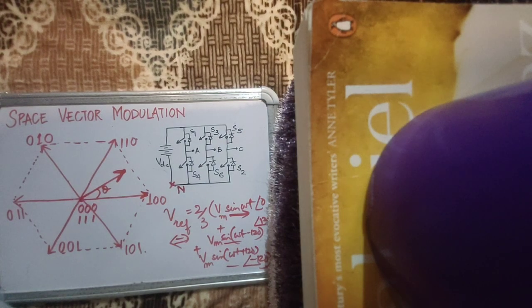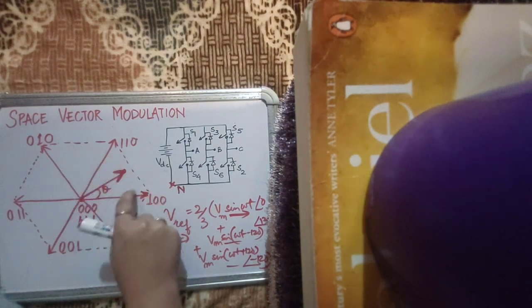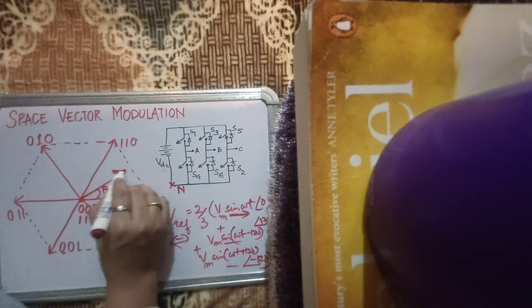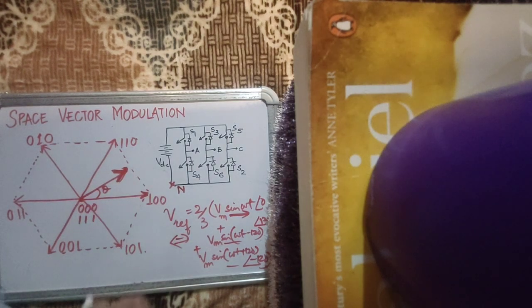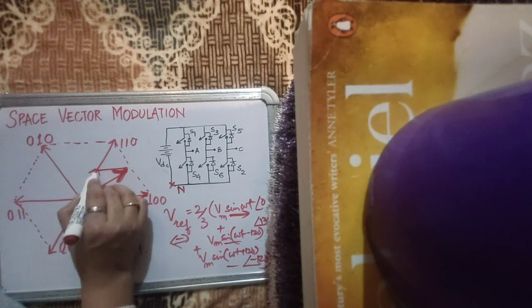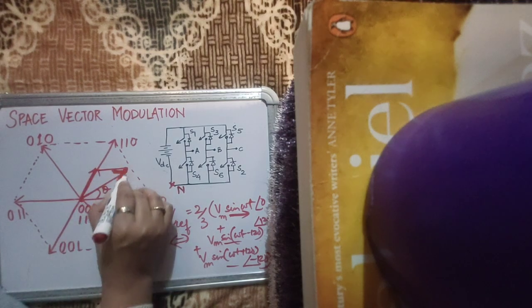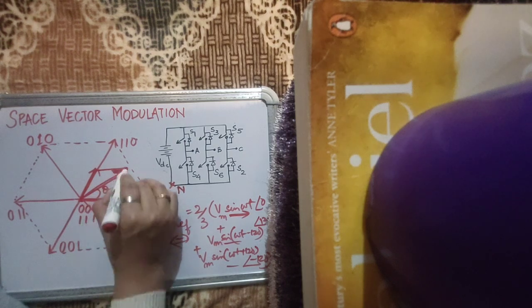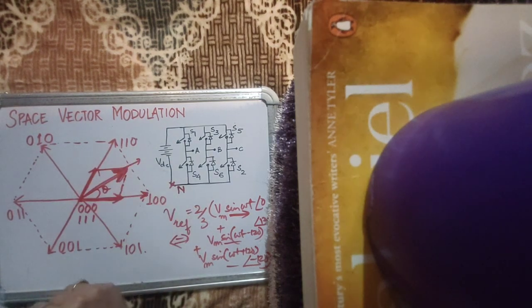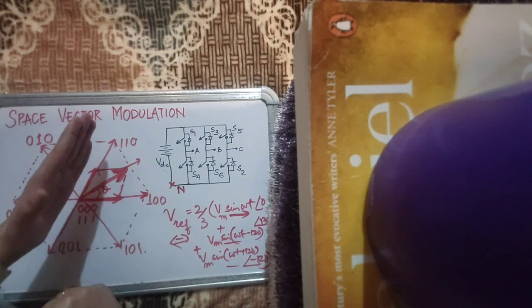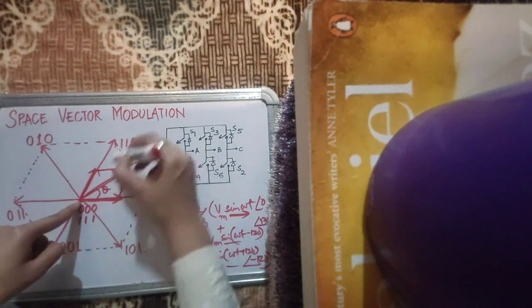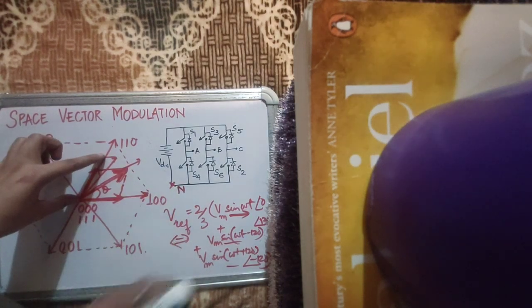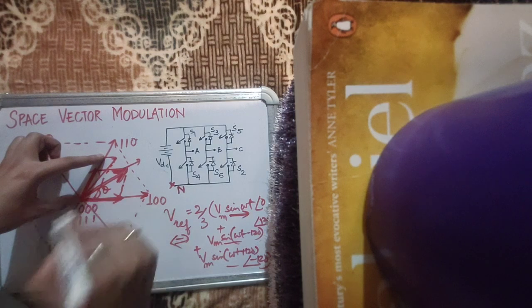But you can use vector addition: you switch this state and this state rapidly in such a way that it gives you the effect that your actual phasor is here. So you switch this state and then this state such that the resultant is equal to your reference space phasor. And your reference space phasor is not just here, it is moving from here to here. Then obviously you will have to switch this state for a longer time, and this state for a lesser time.